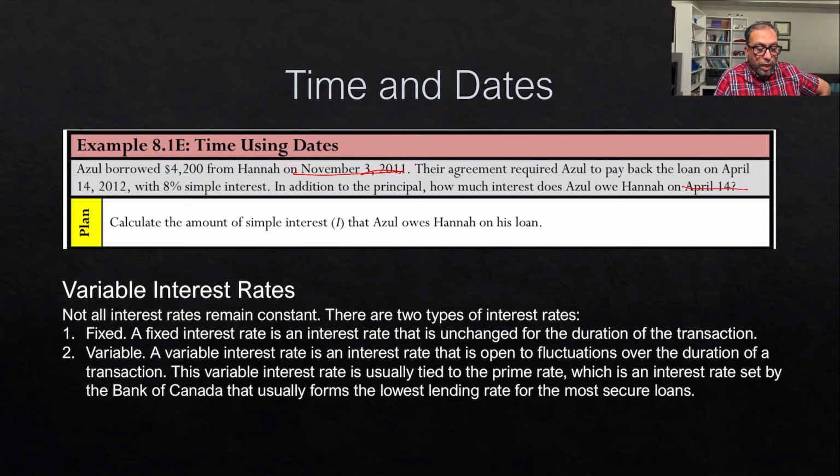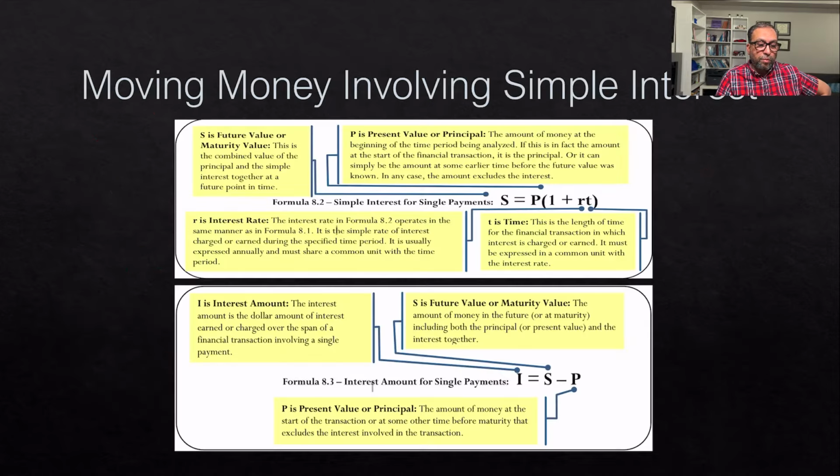So a fixed interest rate is an interest rate that is unchanged for the duration of the transaction, and a variable interest rate is an interest rate that is open to fluctuate over the duration of the transaction. And the variable interest rate is usually tied to the prime rate, which is an interest rate set by the Bank of Canada that usually forms the lowest lending rate for the most secure loans.